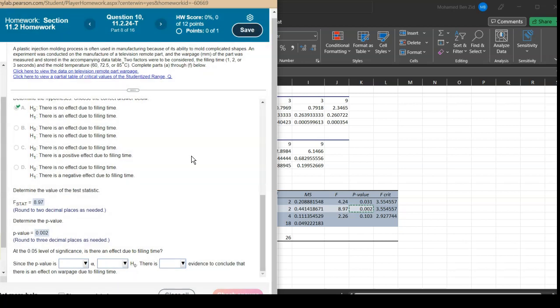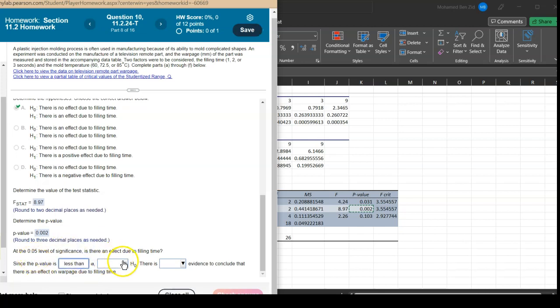So the conclusion, one more time, probably you want to memorize this. Every time the p-value is small, you are rejecting the null hypothesis. If you reject the null hypothesis, it means there is an effect. The p-value is smaller than 0.05.